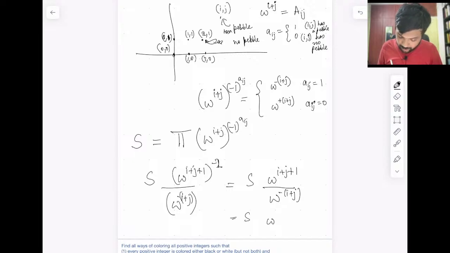S is omega, the same problem appears, 2i plus j plus 1, which means we should be able to fix it by changing it to something. What did I do? Yeah, this doesn't work.